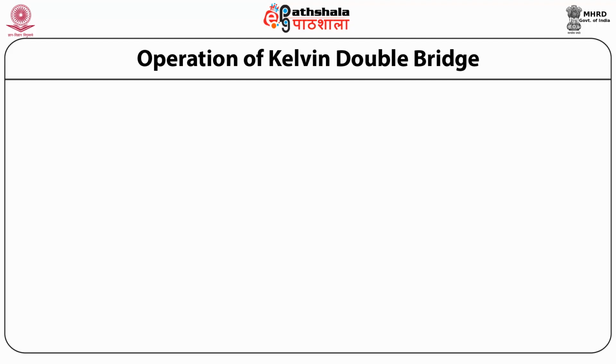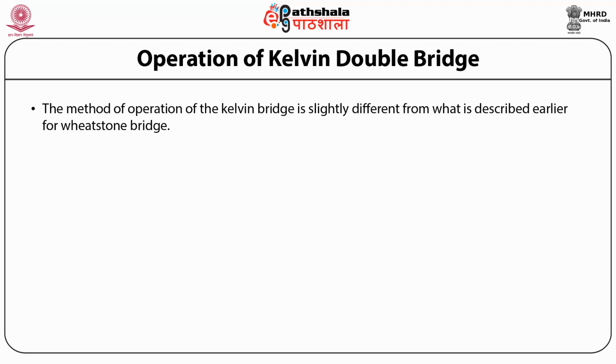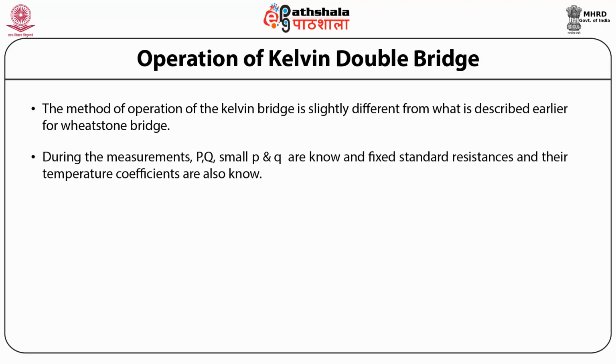Operation of Kelvin double bridge. The method of operation of Kelvin bridge is slightly different from what is described earlier for Wheatstone bridge. During the measurements, P, Q and small p and q are known and fixed standard resistances, and their temperature coefficients are also known.